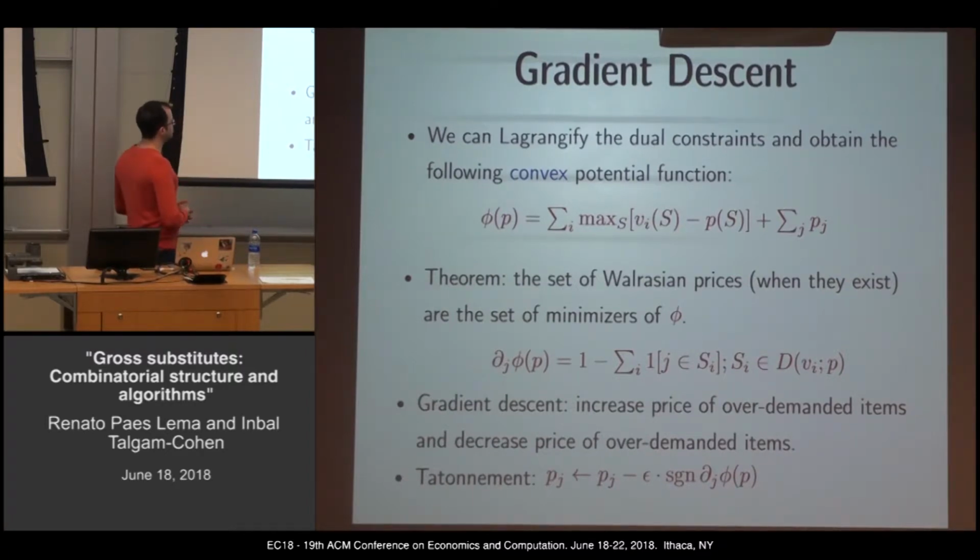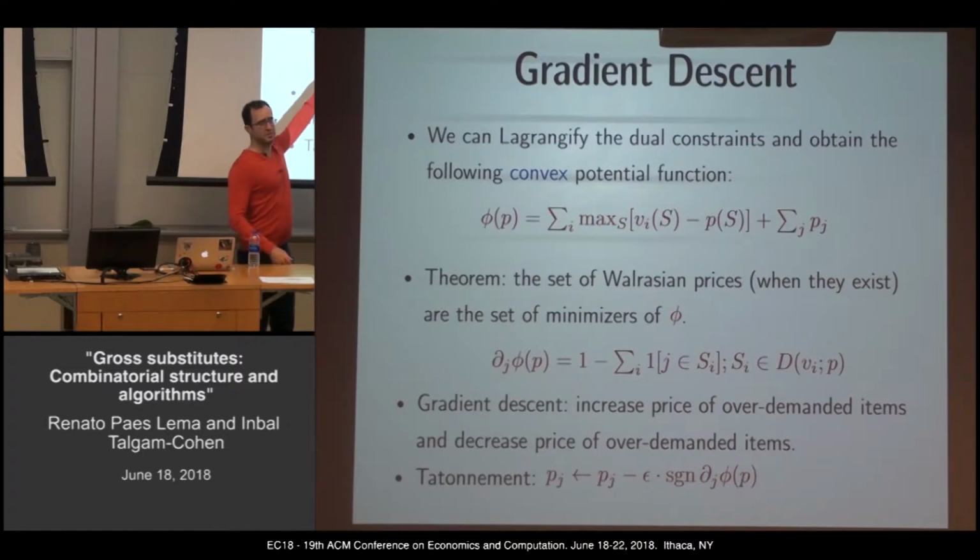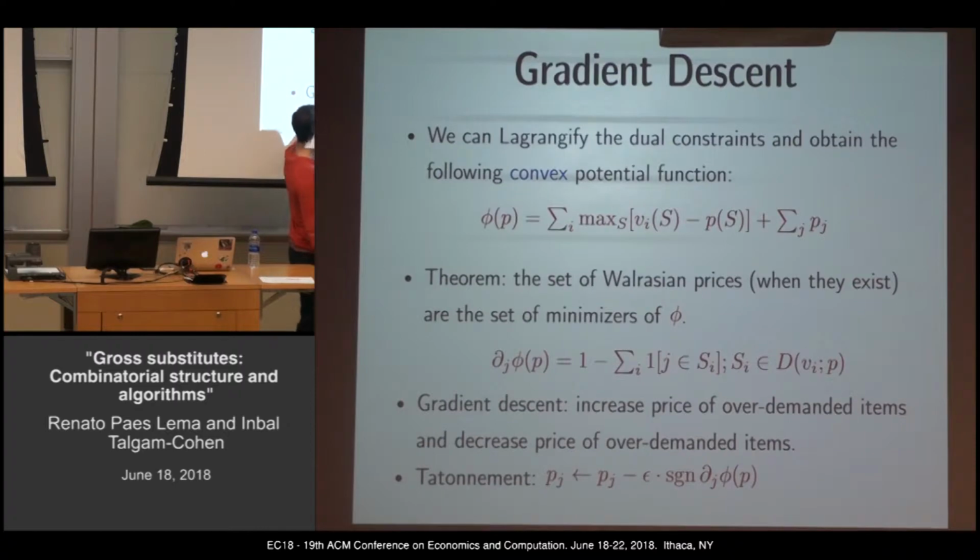So that's the gradient of this potential. The function is defined on a set of prices, so you take the derivative of phi. Now it's the usual derivative, not a discrete derivative. It's actually a normal real analysis derivative with respect to the price of item j. It's easy to do if you see it as an application of the envelope theorem.